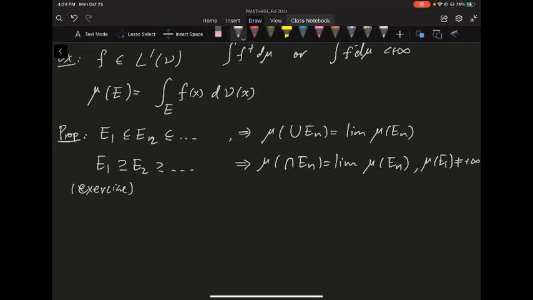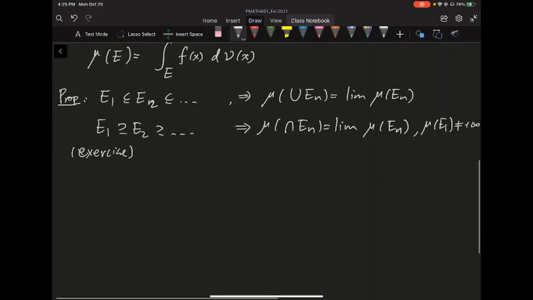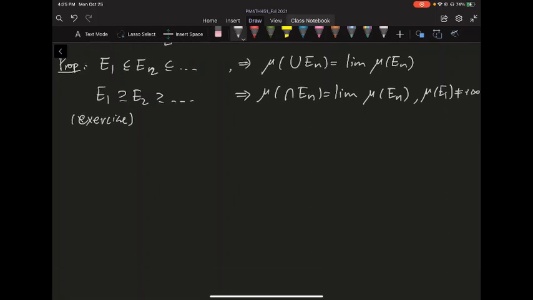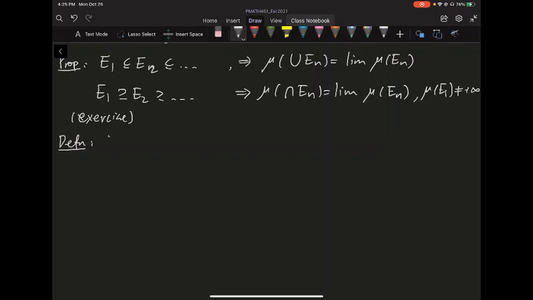We need to be a little bit careful now when we talk about signed measures and null sets. So here I want to make a few definitions. Let me make the definition first, and I'll explain what I mean by null sets. It's a little bit tricky. Suppose I have a signed measure, and let's consider a set E inside the sigma algebra.